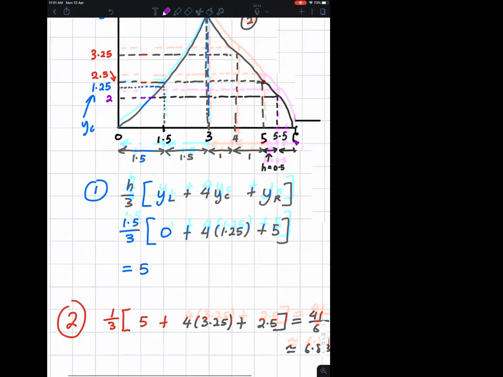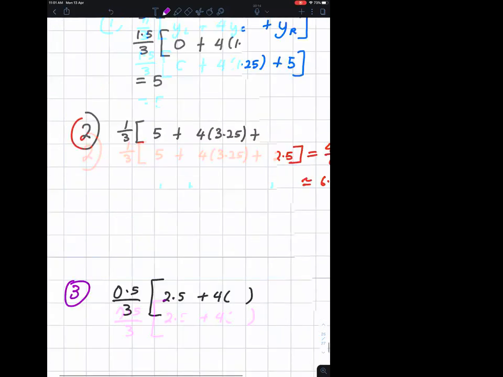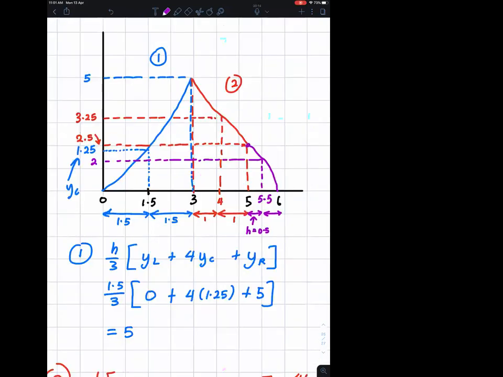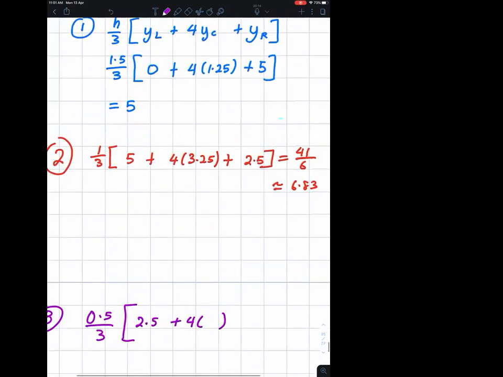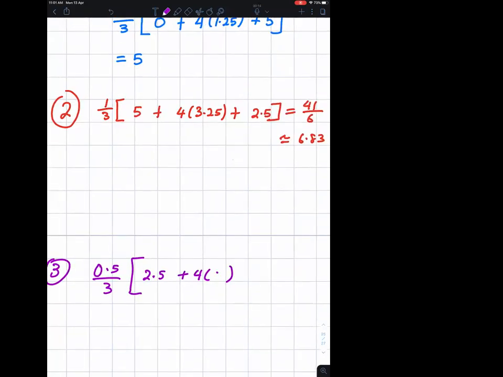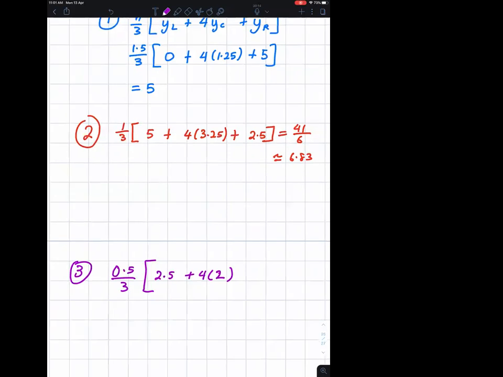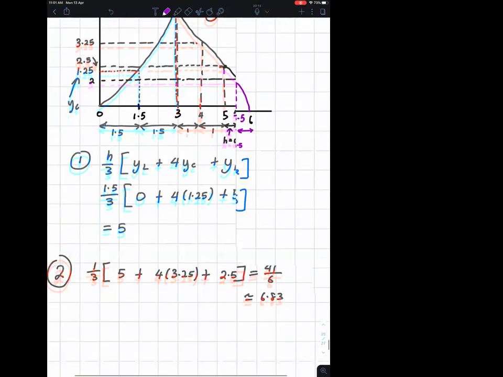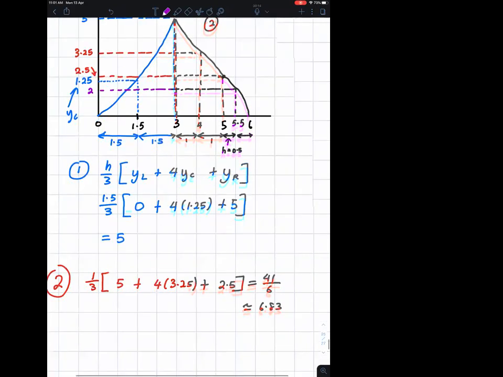Four times the midpoint at 5.5, you are getting 2. And then finally at 6, 0.